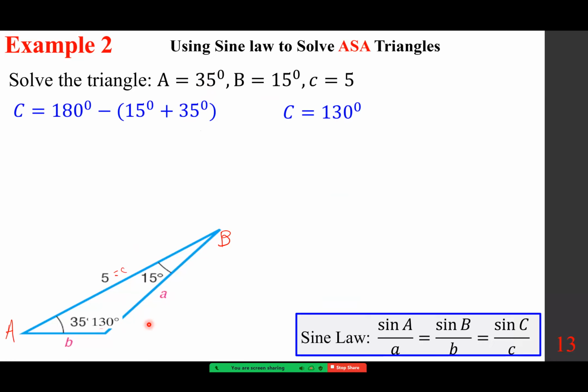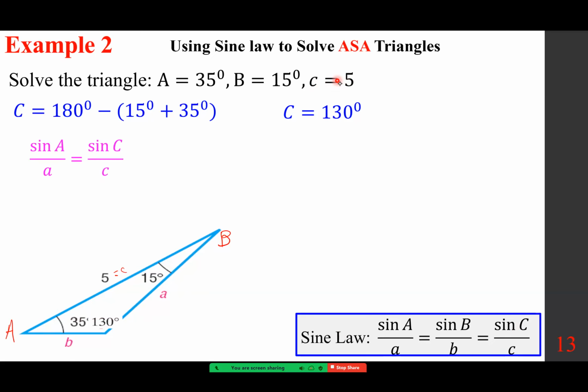It's 130 degrees. We're going to use the sine law. Sine A over a is sine C over c. Why sine C? Because this is given, we have to go with sine C. There is only one side given.